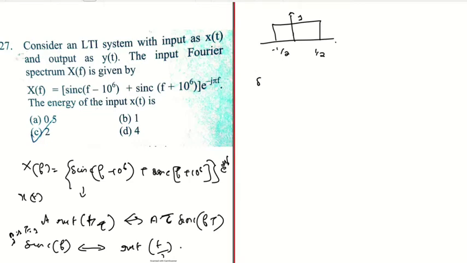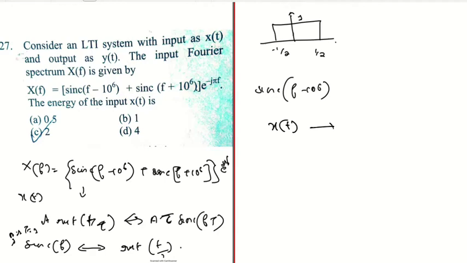Now we will see sinc(f − 10^6). That means there is a shift in the frequency domain. How does a shift in the frequency domain come into being? We will have to look at the properties of the Fourier transform.